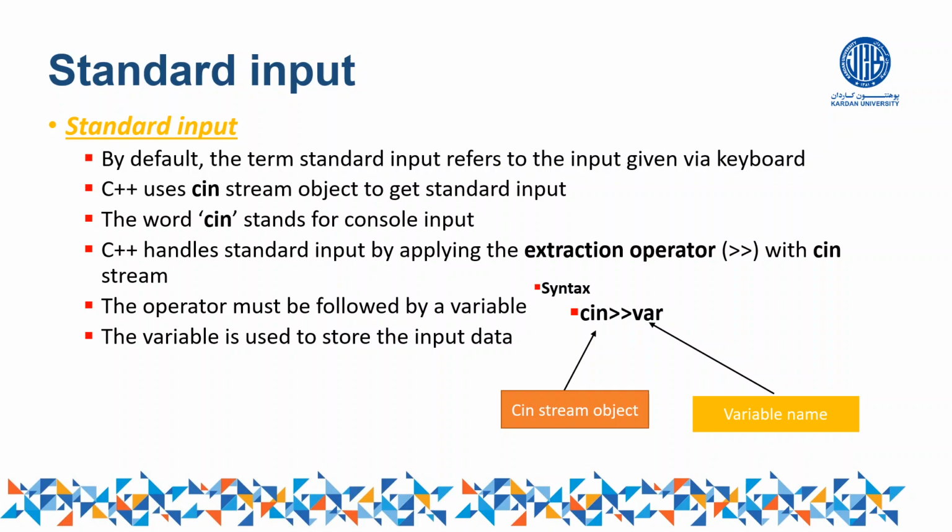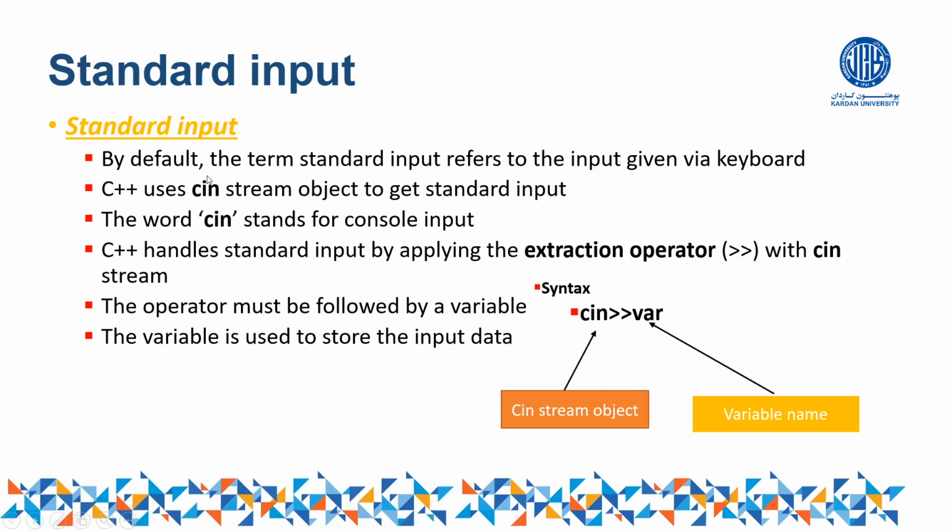So the standard input way is one of the ways through which we can store value through keyboard. The second point says C++ uses the cin stream object to get standard input. If you remember, the first line of our program always begins with including a header file, and that is iostream. We include iostream because we are using 2 of its objects.